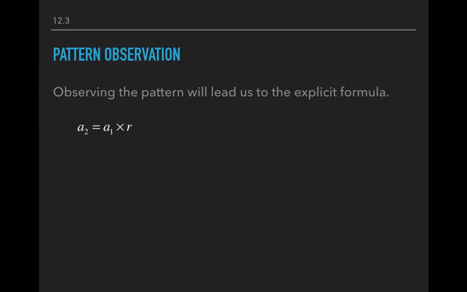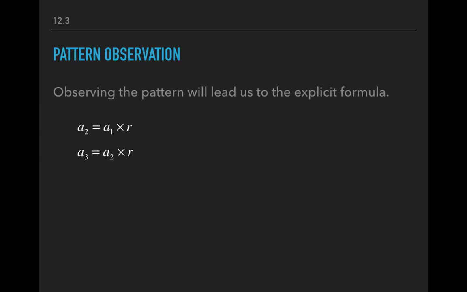Let's look at the second term. The second term, if it was geometric, would be the first term times the ratio. That makes sense, right? According to the formula that we just saw, that recursive formula. The third term would be the second term times the ratio.